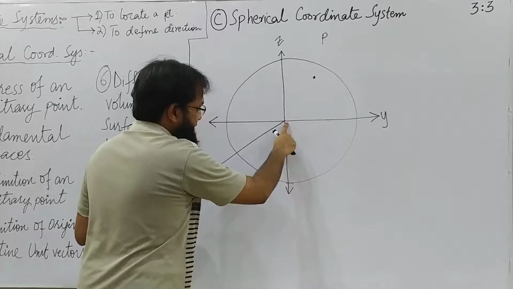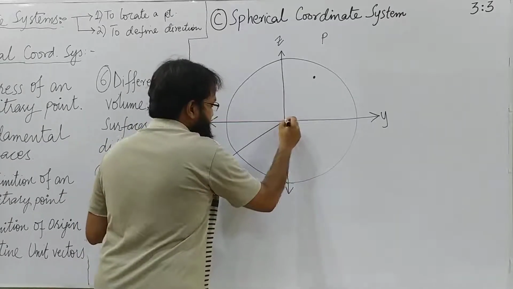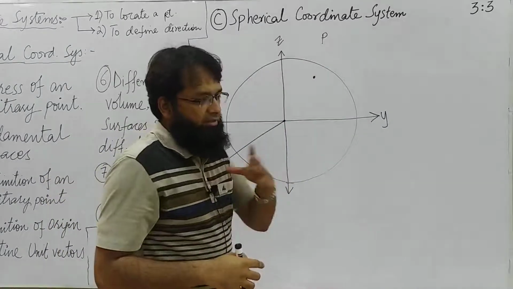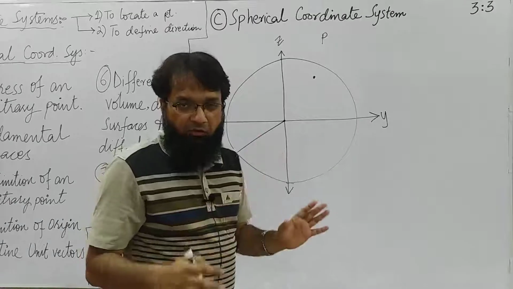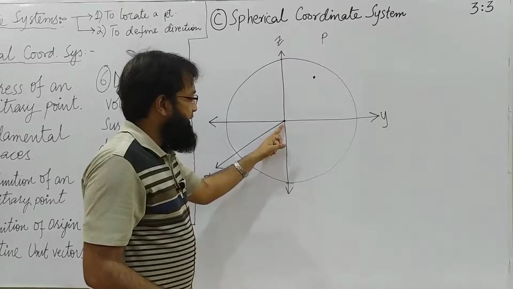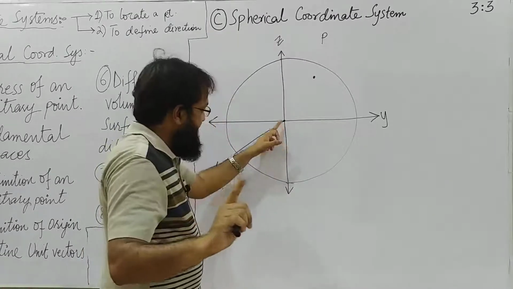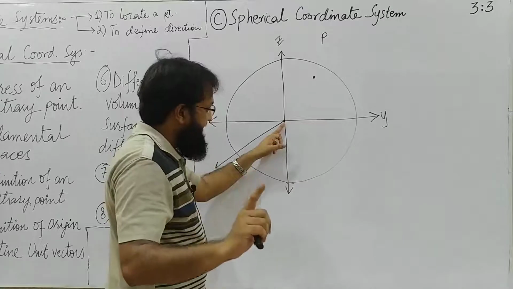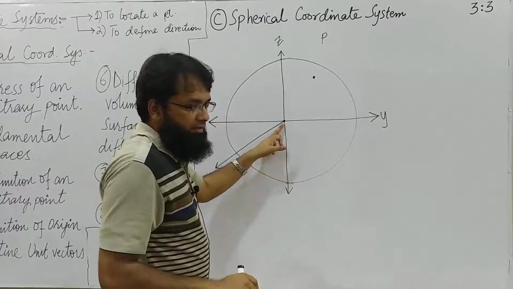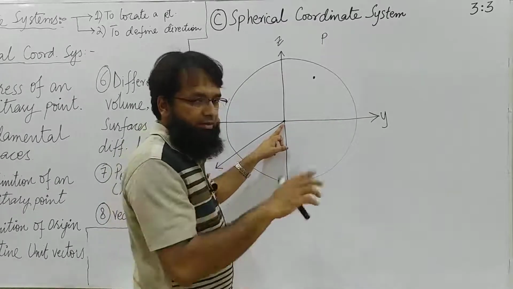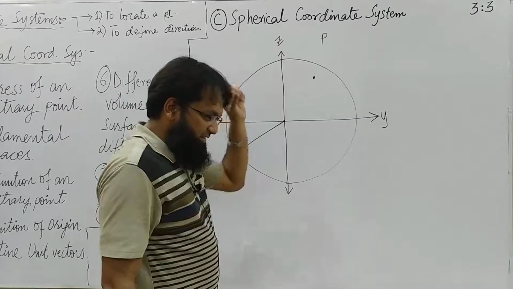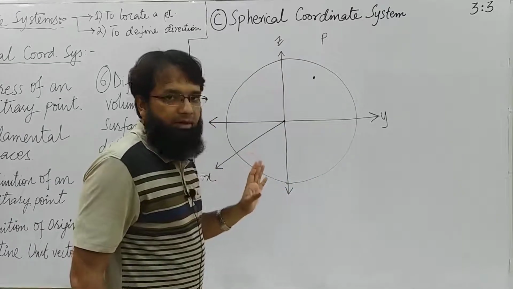So now what I can say is, if I'm at the origin, to reach that point, at least reach the surface. That's it. No matter in what direction you move, first reach the surface, then we'll talk about the other coordinates.